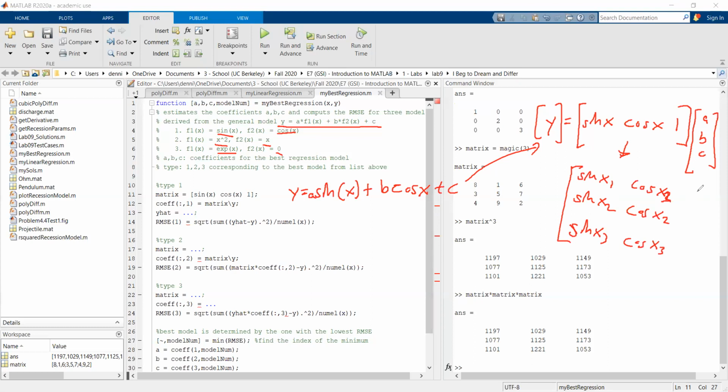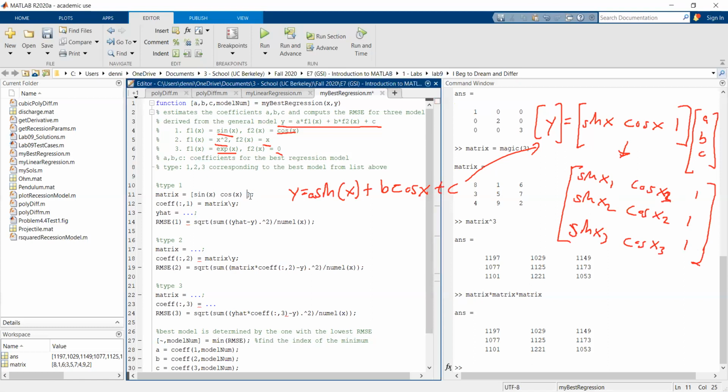Now, because we need to match the size, we need this to be a column vector of 1s. So in order to do that, we can't have 1. What we want is, there's a few ways to do this. Let's do ones, length of x, comma 1.